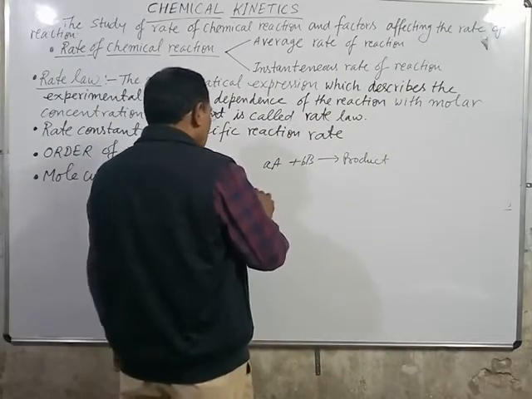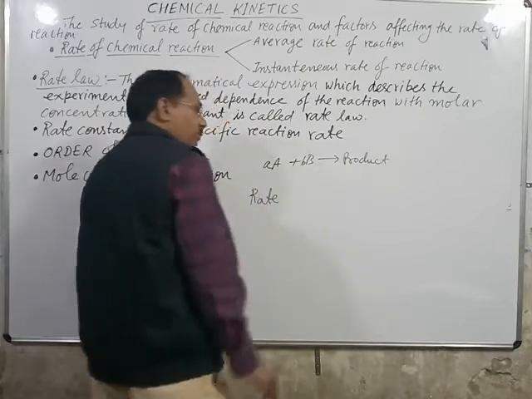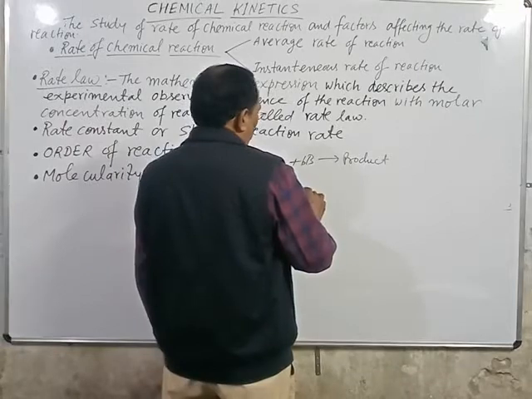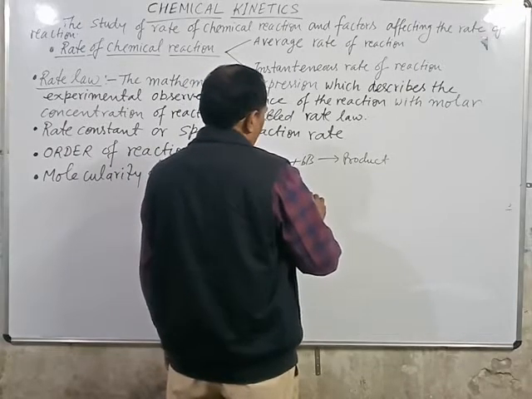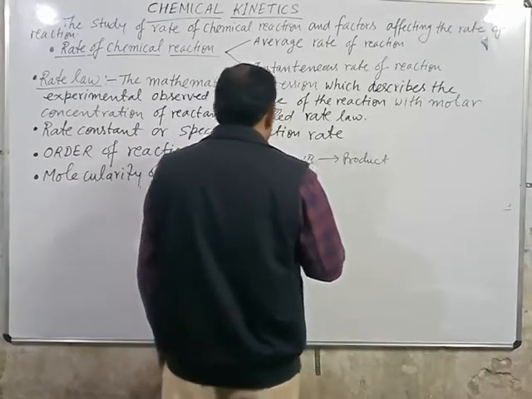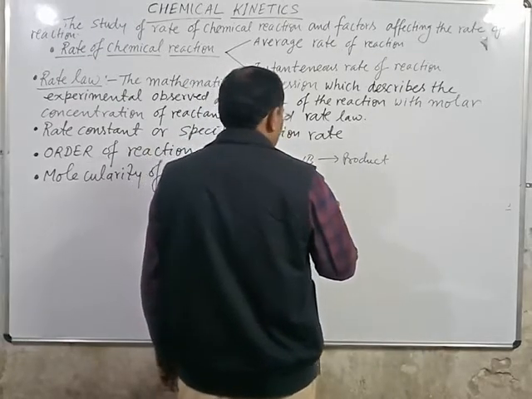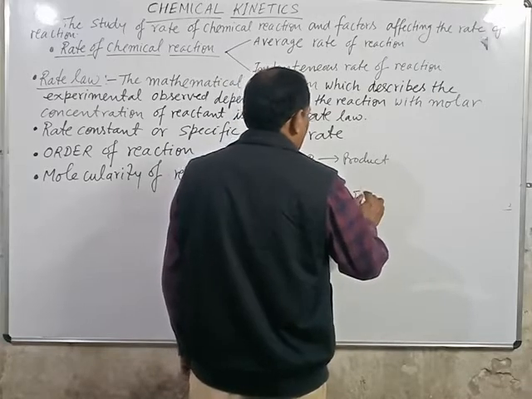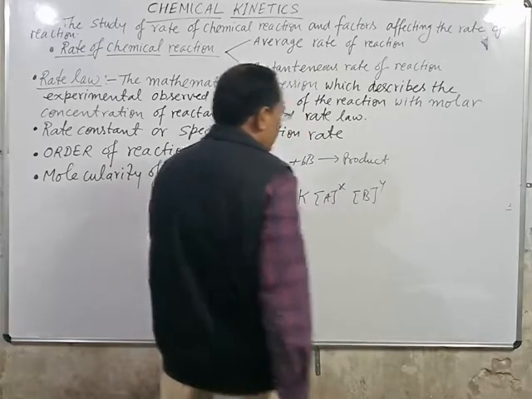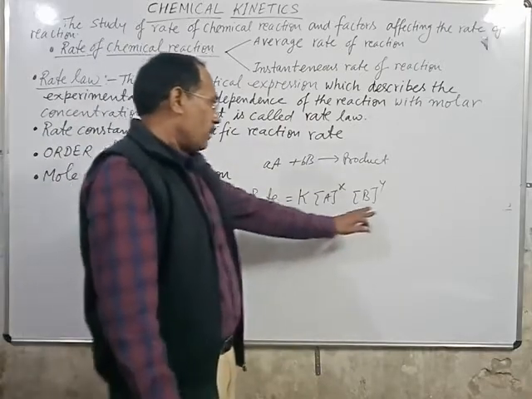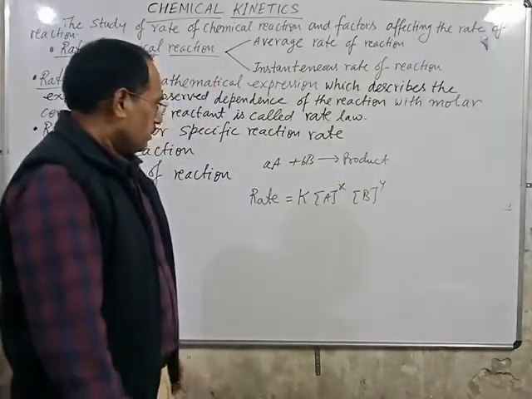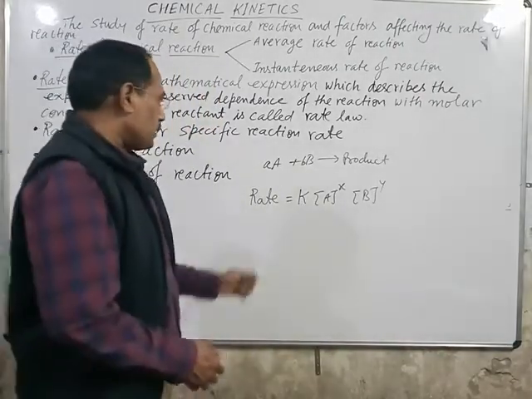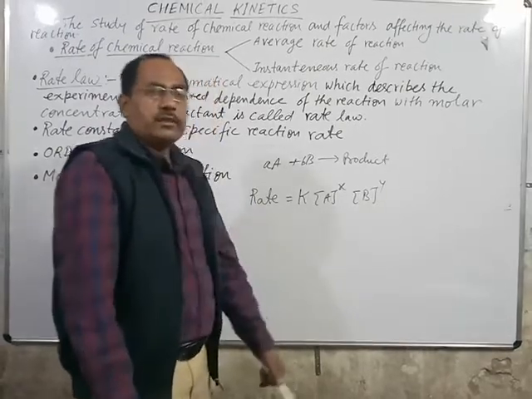If the experimental observation of this reaction is rate equal to k times concentration of A power x and concentration of B power y, if this is the experimental observation in terms of concentration of reactant, then this mathematical expression is called rate law.